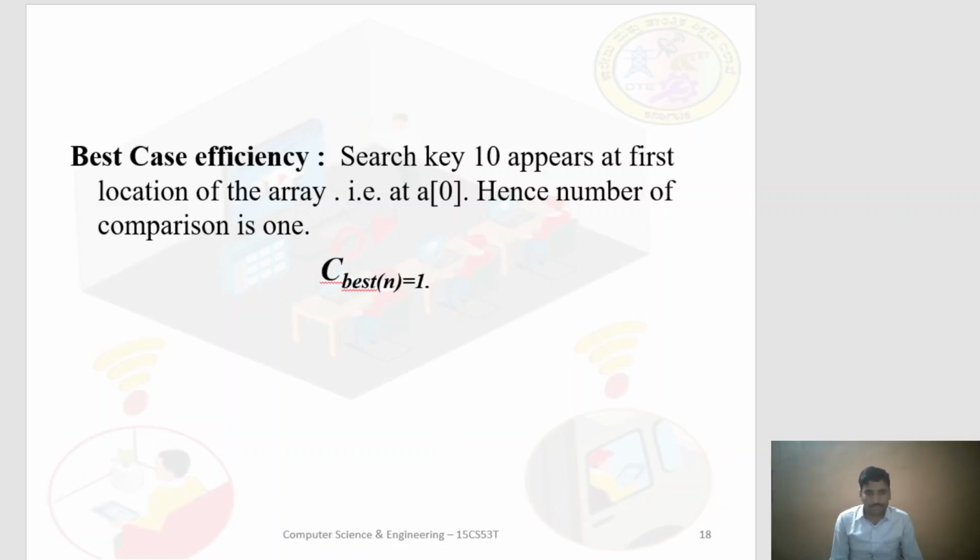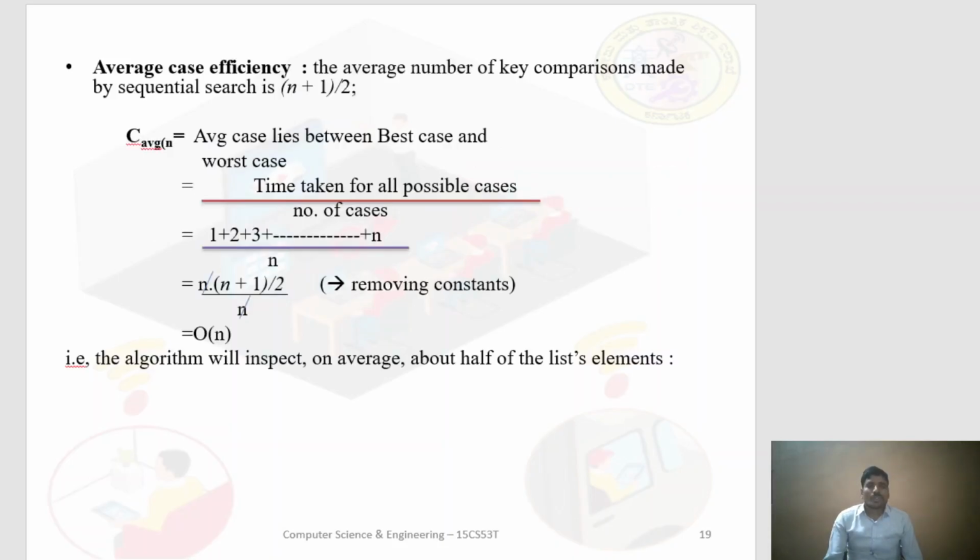That is a constant value. Okay students. Next, let us discuss the average case. So determining the average case is a little bit difficult for any algorithm. In case of linear search, except best case and worst case.